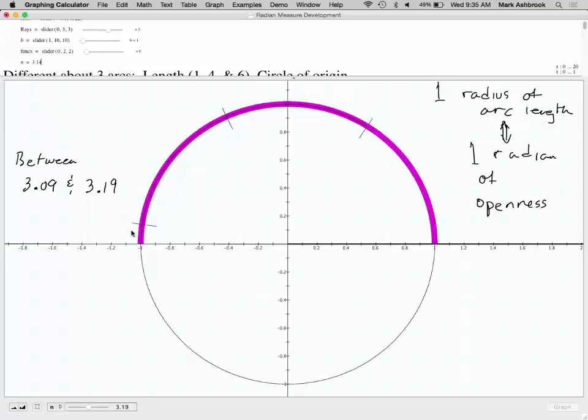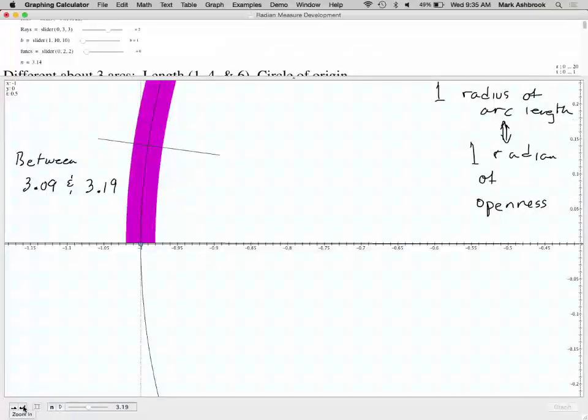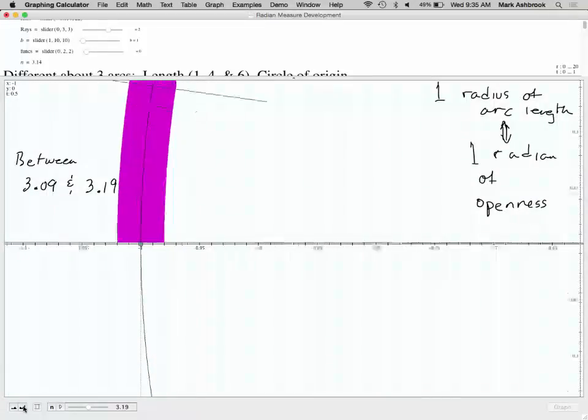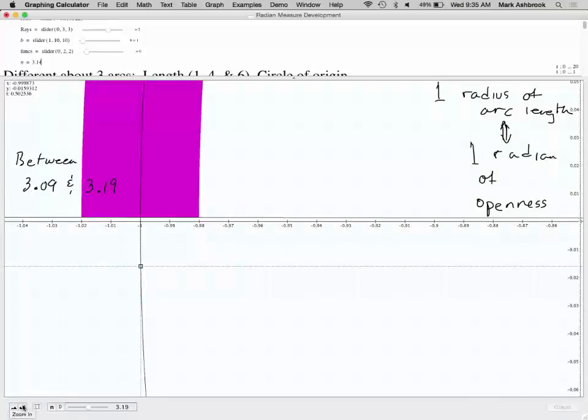Okay, that looks close, but let's zoom in and see how we did with 3.14, halfway between 3.09 and 3.19. So here's the terminal side of the ray, this one right here. Terminal ray is there.